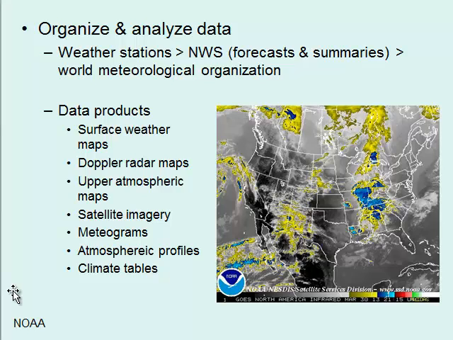So we get all this information, we gather it from all these different sources. All of these weather stations, they can actually compile them all in one place. They can go through various channels. They may start locally, maybe a local weather station, local National Weather Service station. There's ones in a lot of major cities.